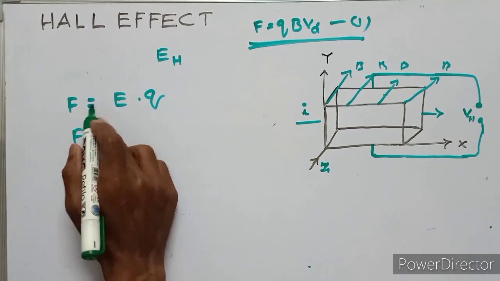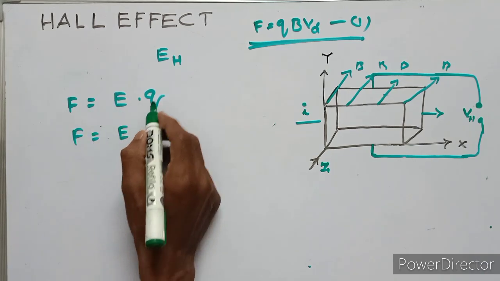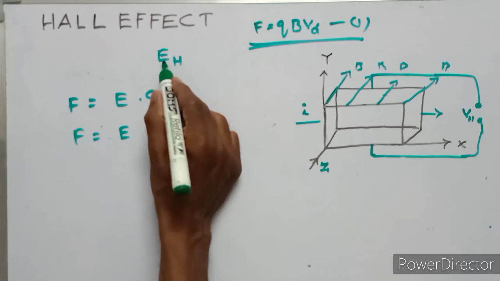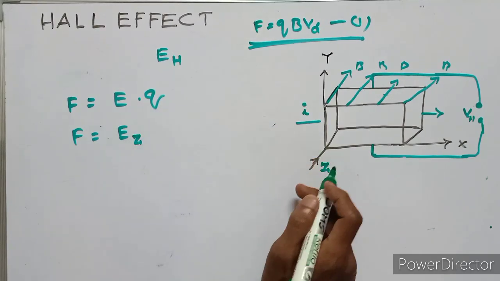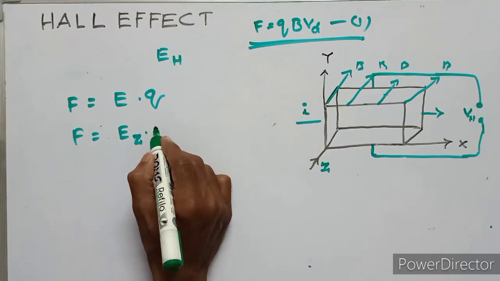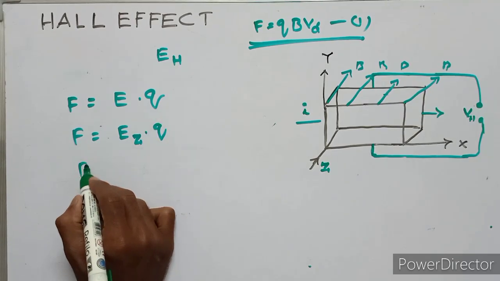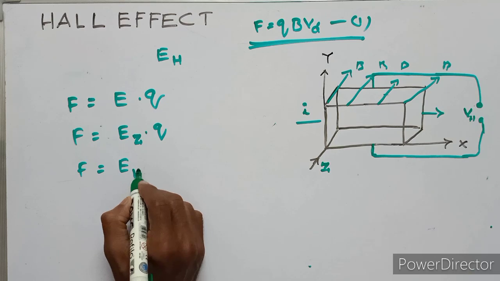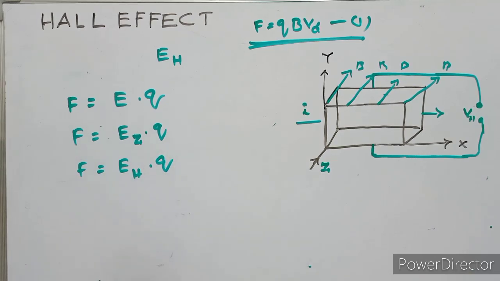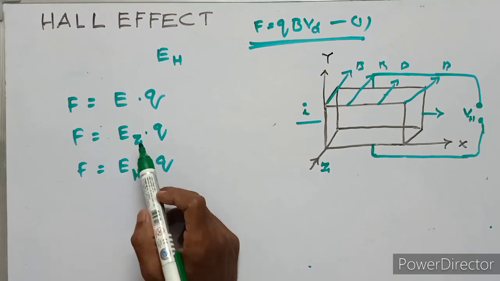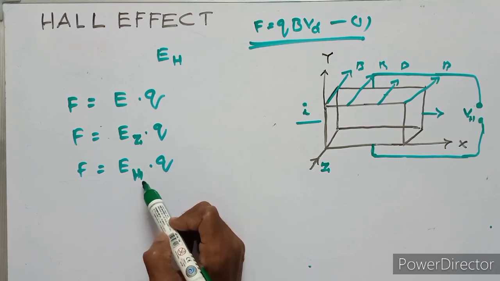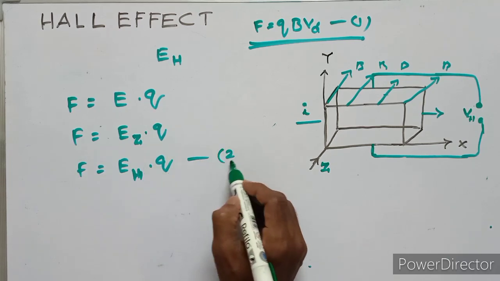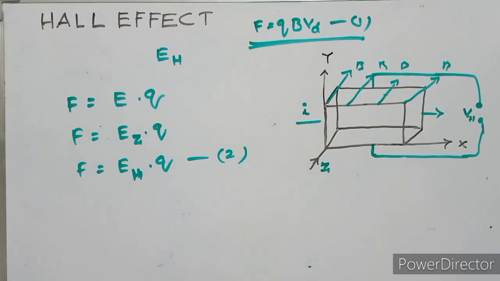What is the electric field here? Hall electric field, known as the Z direction, that is the Q. F is equals to E H Q. Z direction is known as the Hall direction. So this is the equation number 2.